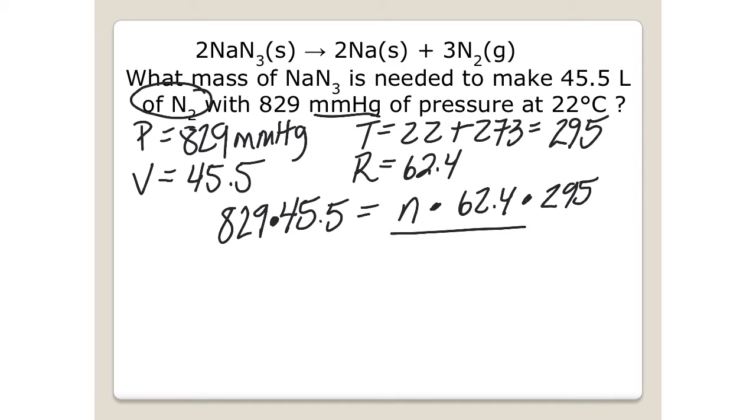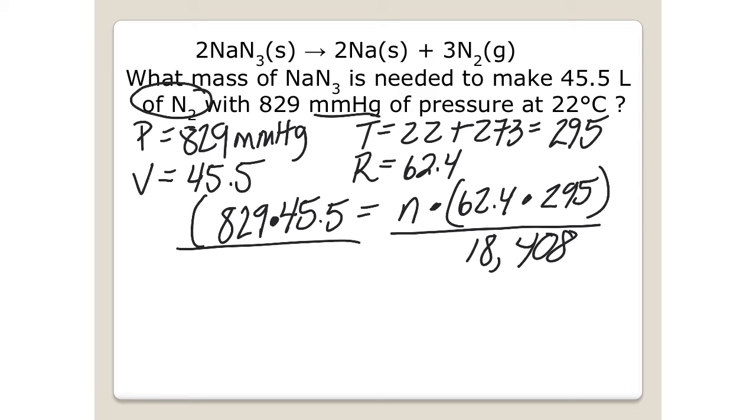So to get n by itself, we have to divide both sides by 62.4 times 295. If we go ahead and do the math on that, it's the same thing as 18,408. And what we do to one side, we have to do to the other side.